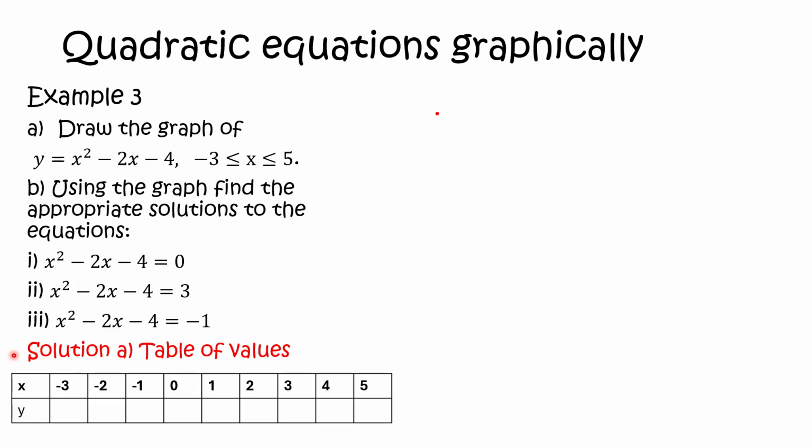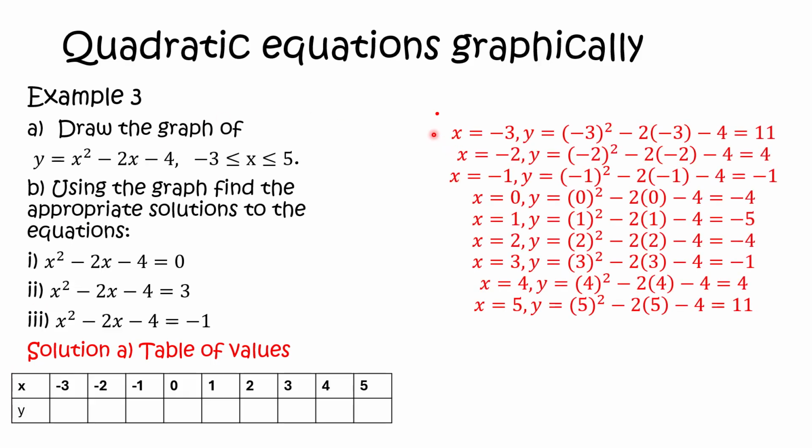The x values are given from the question. Then we compute the associated y values from -3 on the x to +5. So for -3, we get 11 because we substitute where we have x with the -3. We do the same up until we get to the last value of x, which is +5. So with that, we get 11. And all the other values in between are also included.